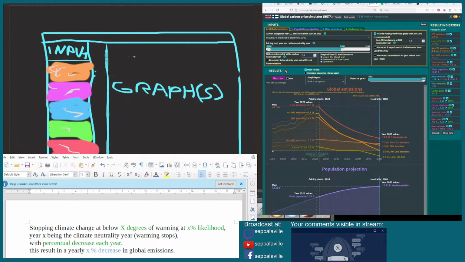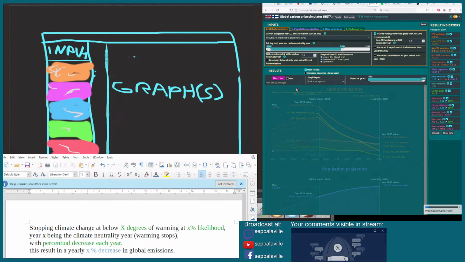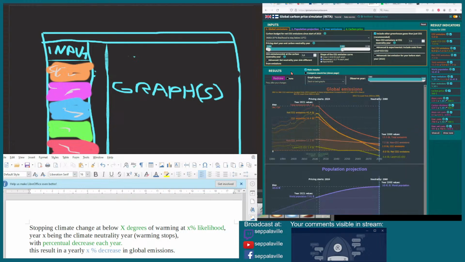And right now, if you change something, by default it doesn't redraw as a reaction to that change, but you have to click the redraw button here to show how it affects the changes.